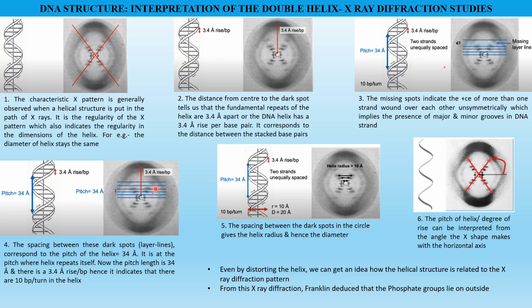These layer lines correspond to one turn, you see here, this is one turn of the helical structure of DNA, which we also call a pitch, and its distance is 34 angstroms. Now coming back to this, you might again get confused about the distance from the center.